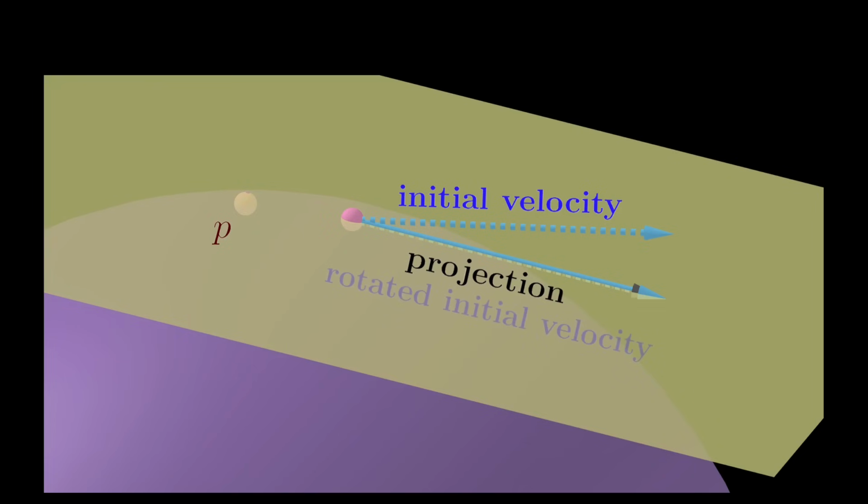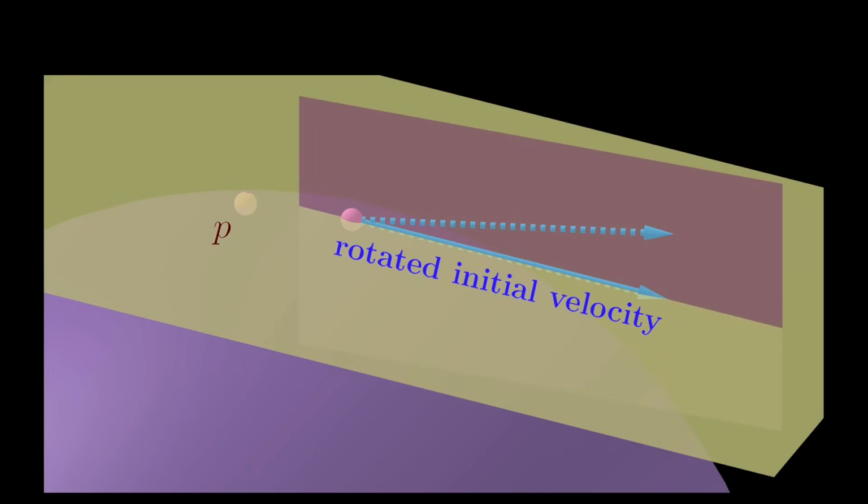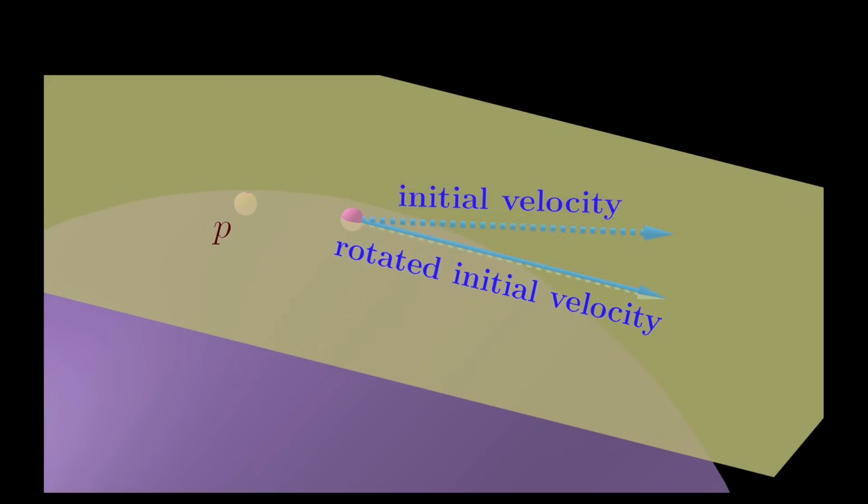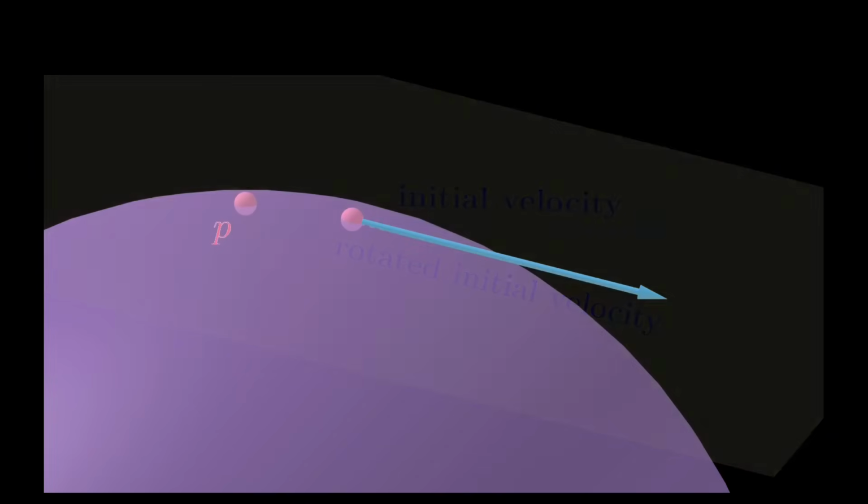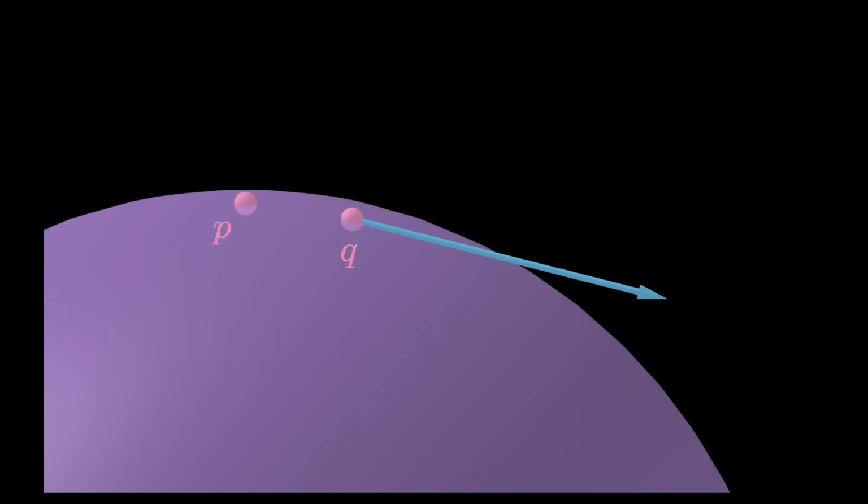A little more technically, this rotation is such that the plane containing the unrotated and rotated vectors is perpendicular to the tangent plane. But in any case, the spirit is to make minimal adjustment to the initial velocity vector to make it tangent again. So this rotated vector is our velocity from this point, say Q, onwards. But of course, we face the same problem when we proceed.